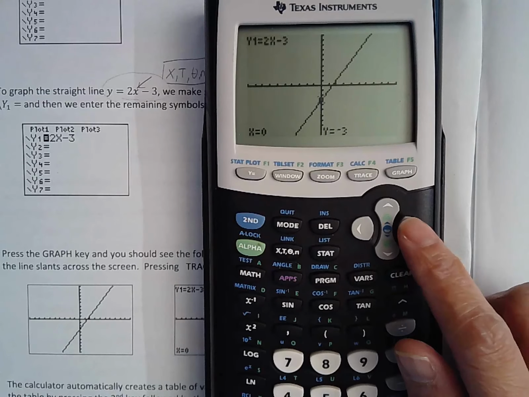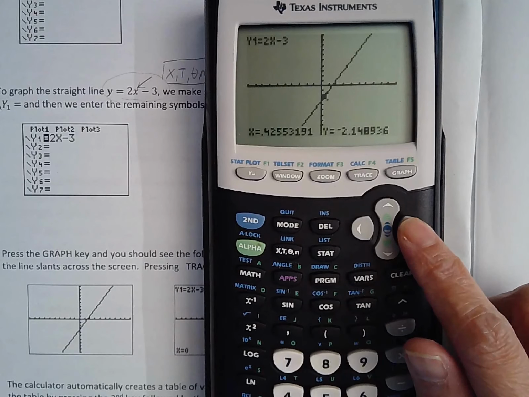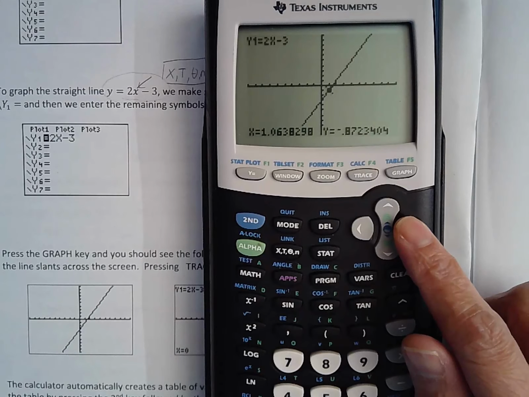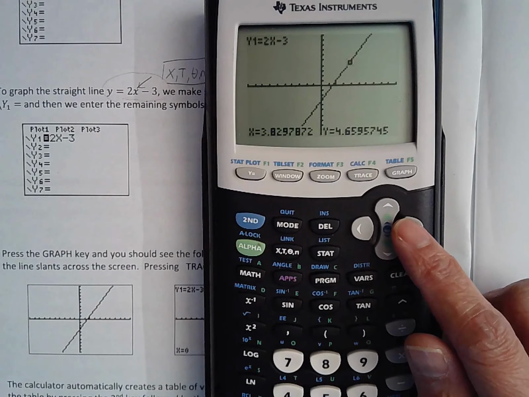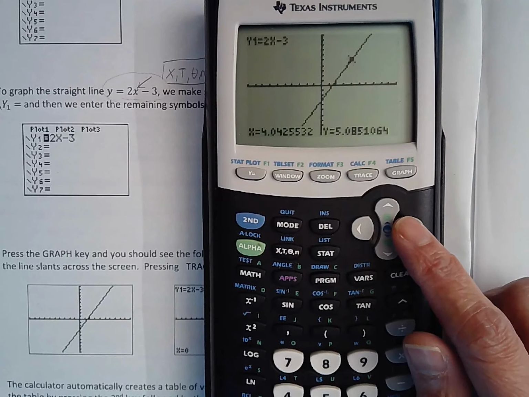If I press the arrow key to the right, what's happening? Describe what's happening. It's increasing. What's happening to the dot? The dot is moving along the line.